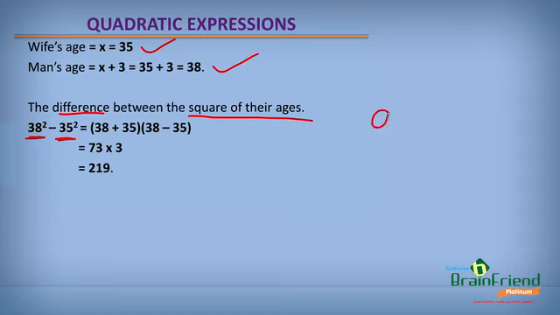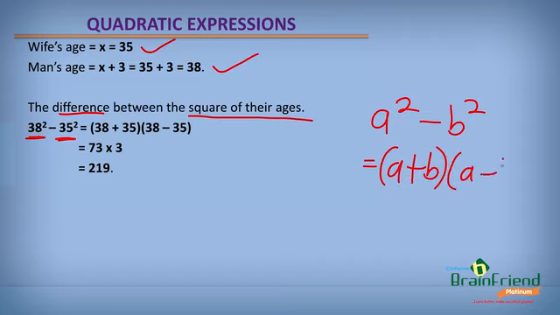Again, it is in the form of the difference of 2 squares, which is equal to, factorizing this, a plus b times a minus b. So we have, this is our a, this is our b. A plus b, that is 38 plus 35, times a minus b, that is 38 minus 35.